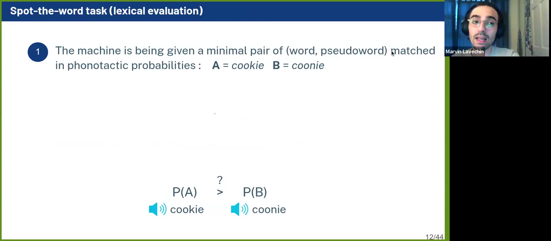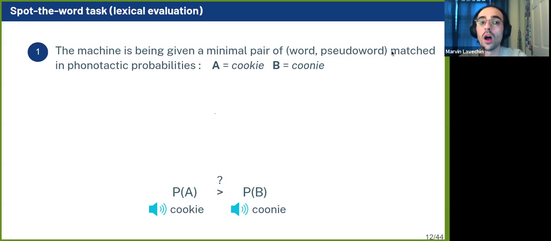So now the lexical evaluation. For the lexical evaluation, we use the spot the word task, in which the machine is given a word and a pseudo word that sounds like a real word, so a pseudo word whose phonotactic probability is matched to the real word.